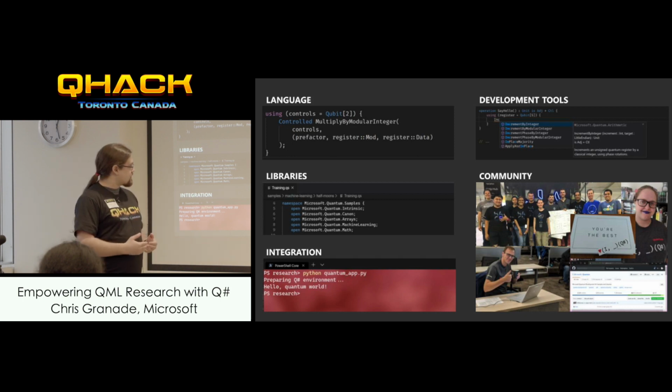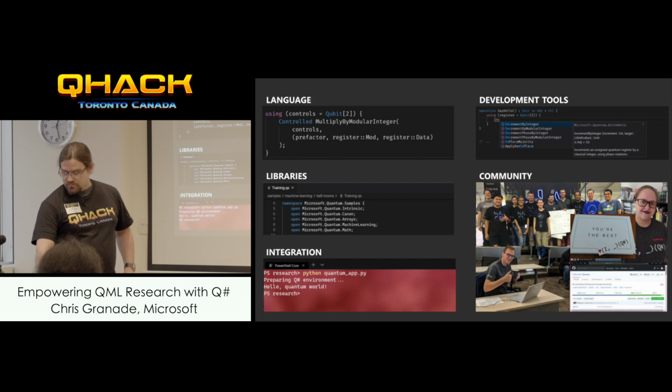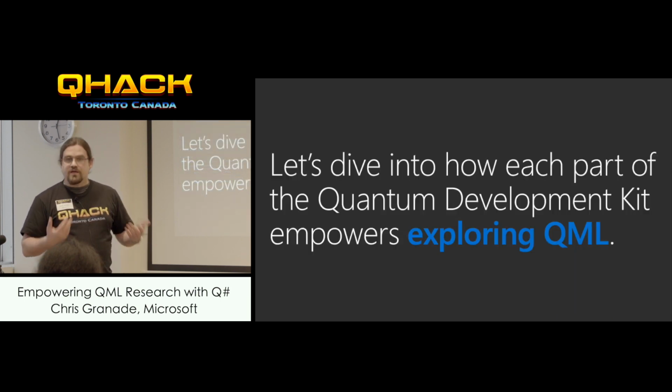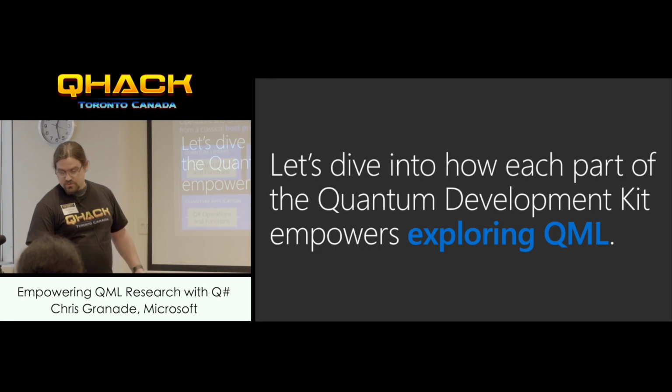The quantum development community has really expanded recently, and it's been really neat to see how that's come back in terms of feedback to us to help us make a better tool for you, and direct contributions as well. So let's dive into each of those different pieces and see how that enables us to explore.